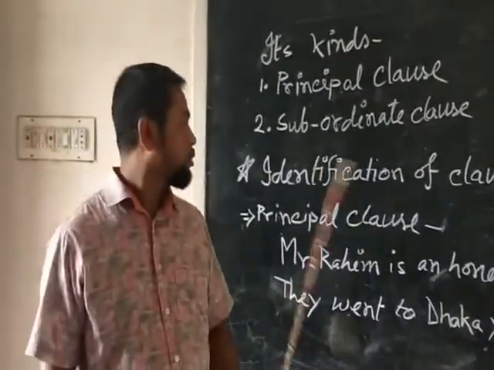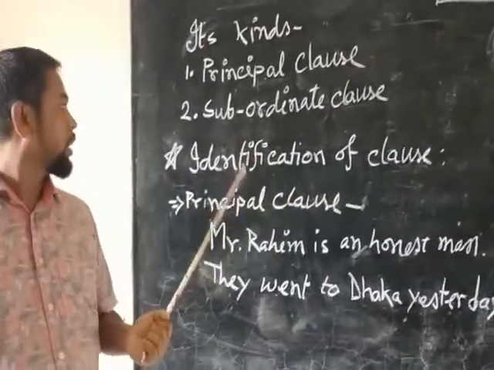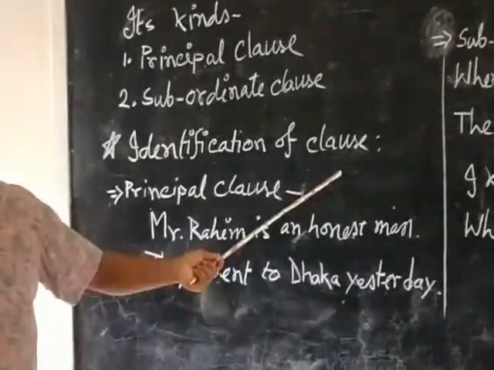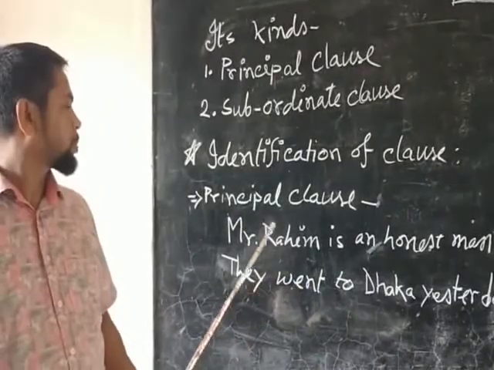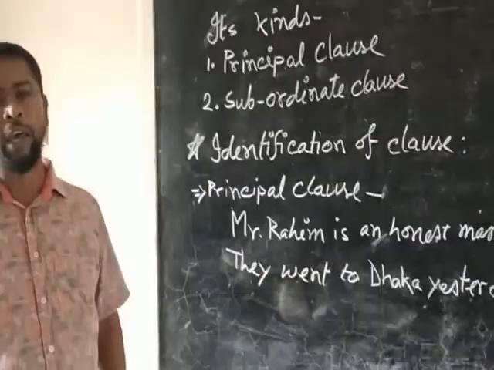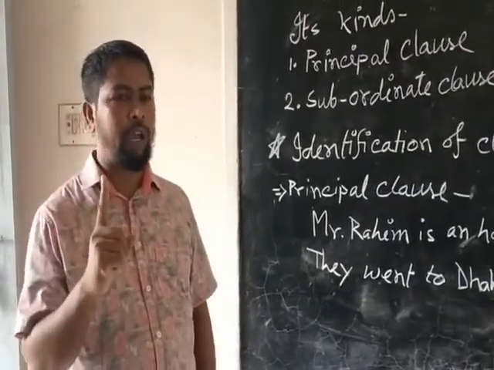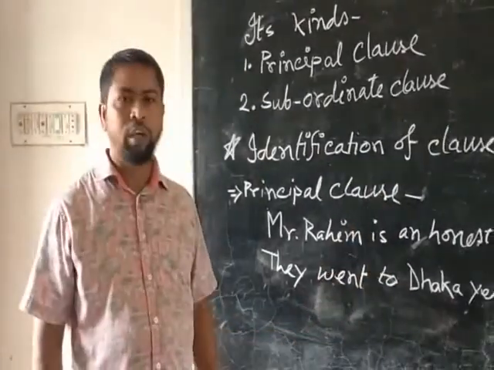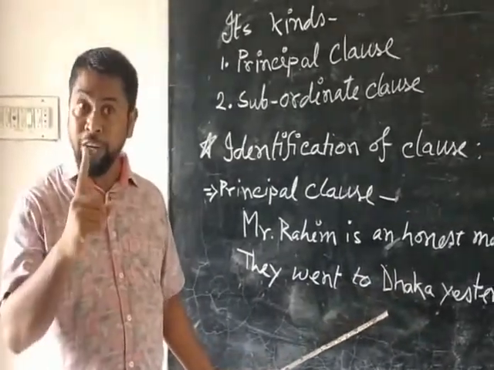Now we have to identify a clause, or identification of clause. Look at the blackboard. A principal clause has a subject and a predicate.